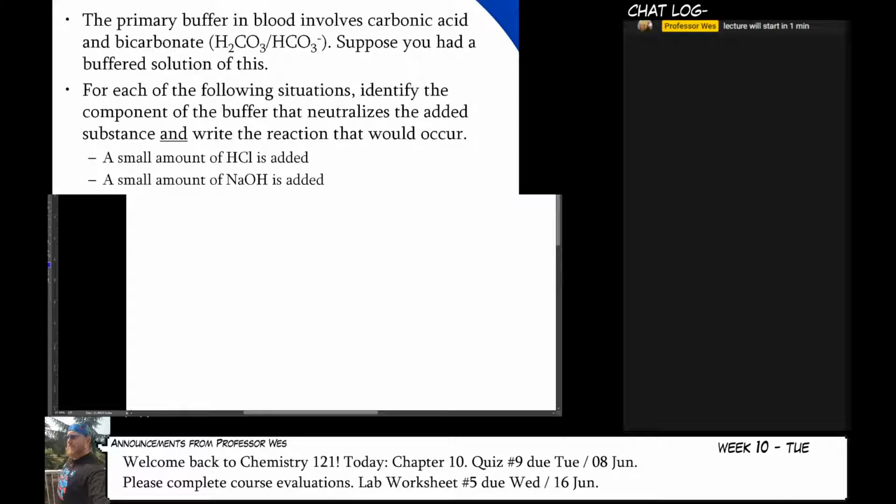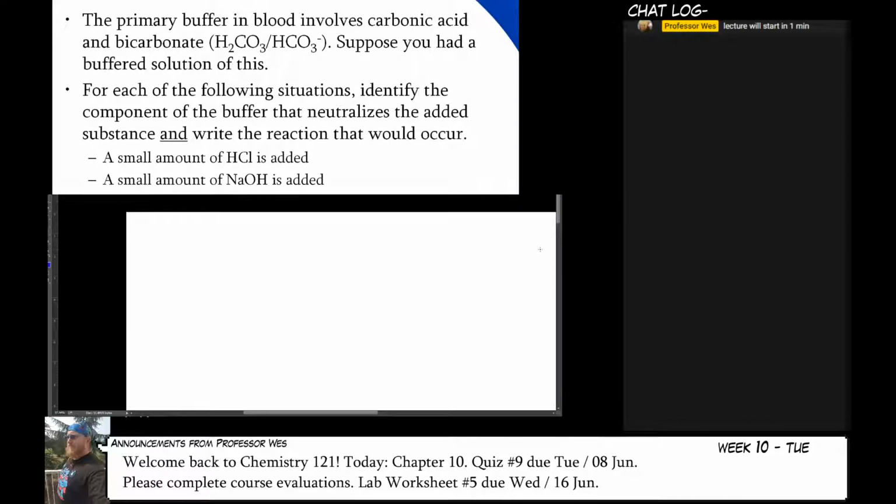Okay, so first let's write the buffer reaction. So I have my weak acid, which is H2CO3, and my weak base, which is bicarbonate, sorry. And these can go back and forth. Now, if I'm going to add a small amount of HCl, HCl is a strong acid, which means I'm adding H plus to the solution.